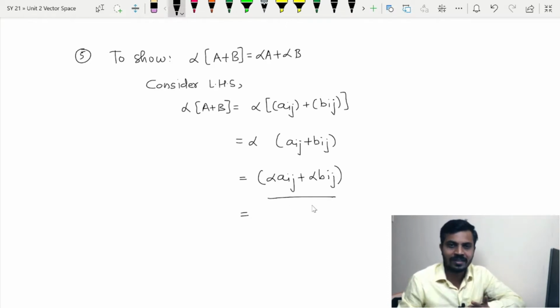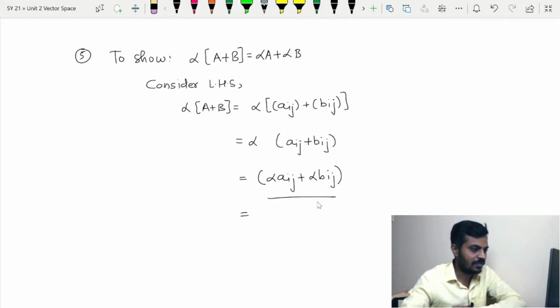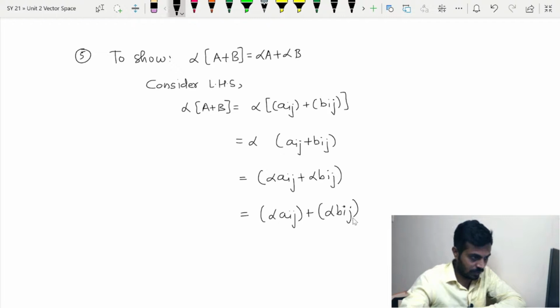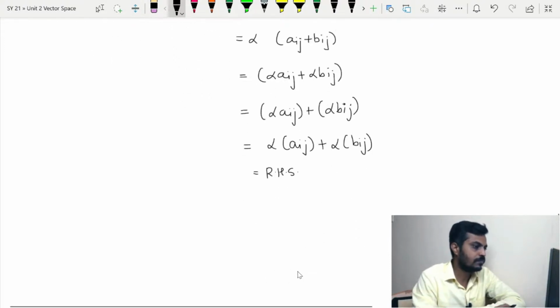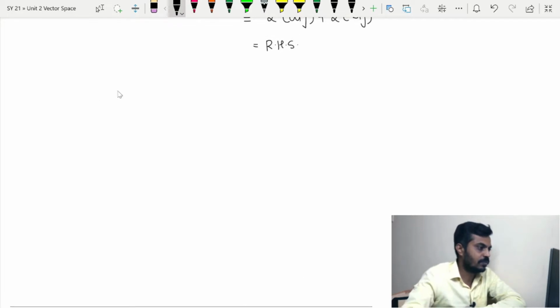Now we have to separate them. So this can be written as alpha Aij plus alpha Bij. The definition of addition of matrices is used. Now this alpha can be pulled out, so alpha Aij plus alpha Bij is nothing but our right hand side, and that is exactly what we wanted to prove. Now we will move towards the sixth property.